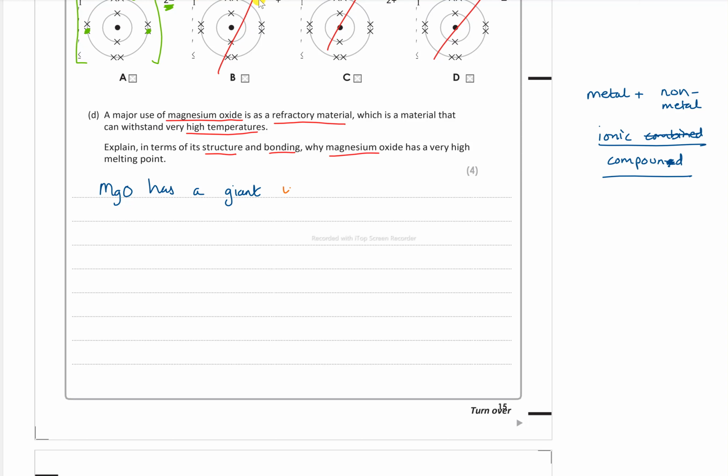Right, it is a giant ionic compound with many ionic bonds.